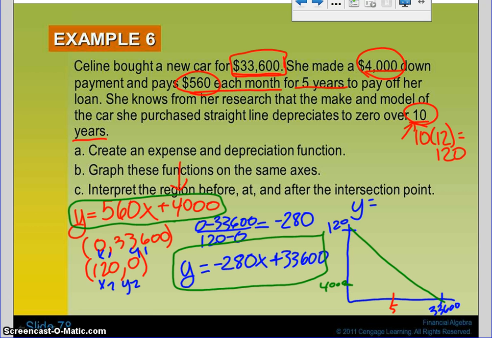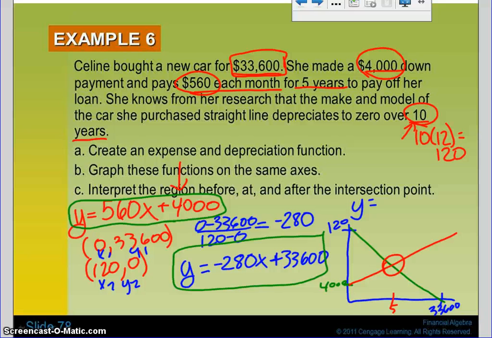So my graph is going to look somewhat like that. And this intersection point is the point at which the car's value and what you owe on it is the same.